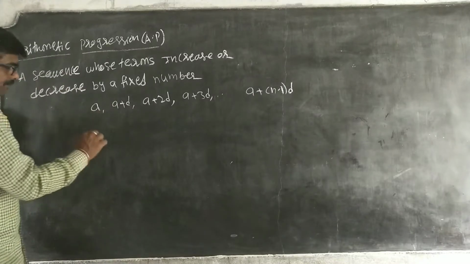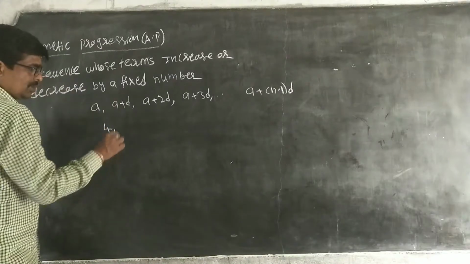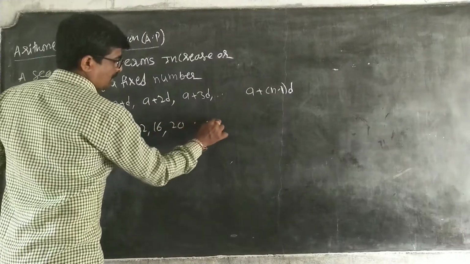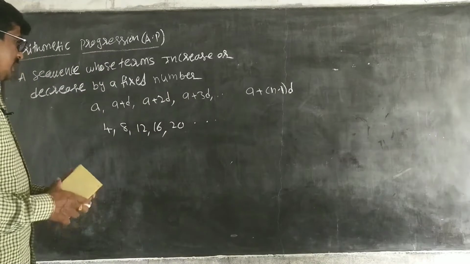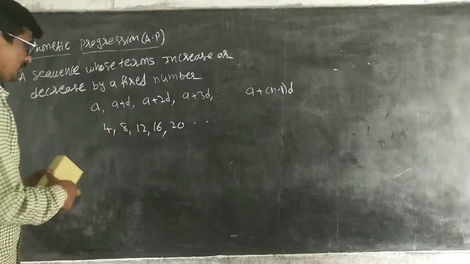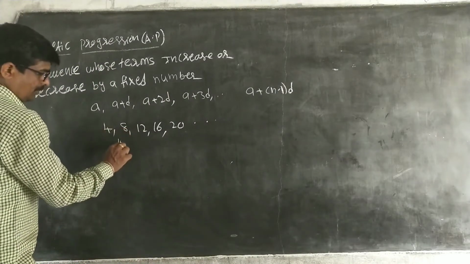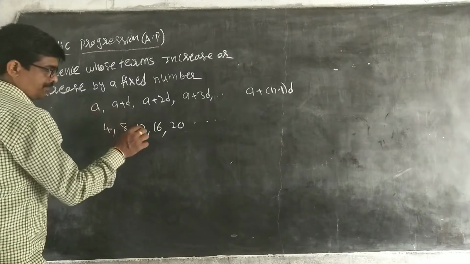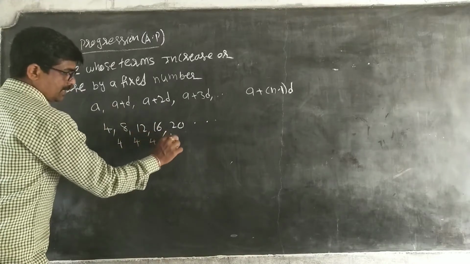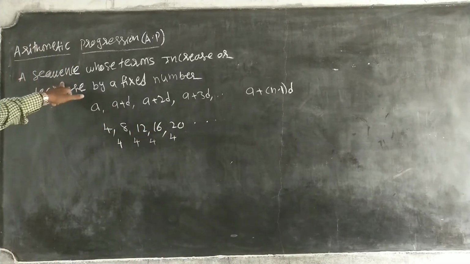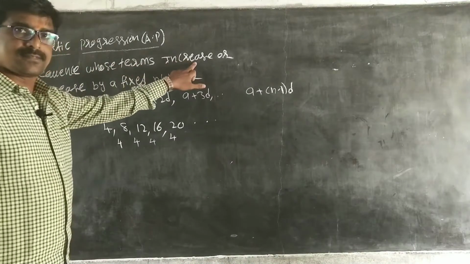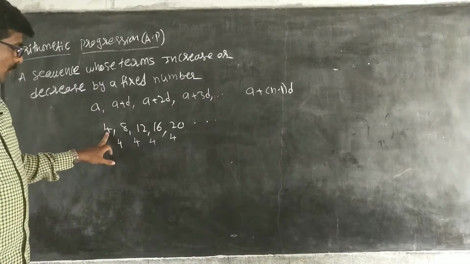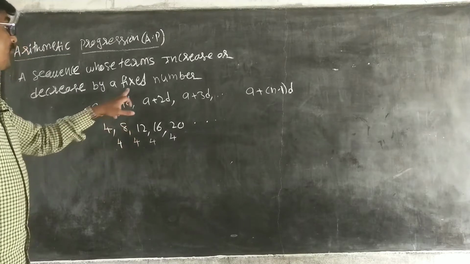Example: 4, after 8, after 12, after 16, after 20, and so on. Observe here, 8 minus 4 is 4, or 12 minus 8 is 4, or 8 plus 4 is 12. Both are the same. 12 plus 4 is 16. So it is a sequence whose terms increase or decrease by a fixed number.